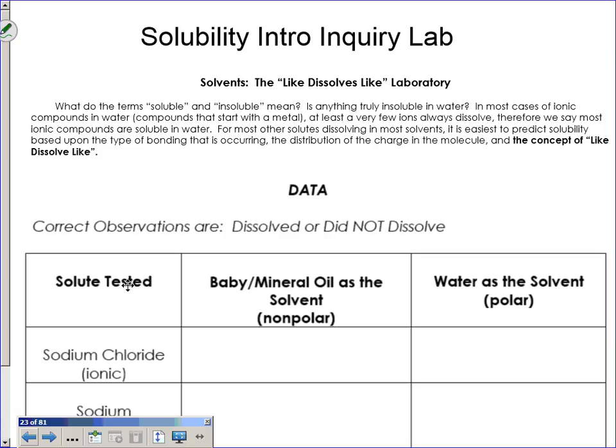One person should be filling up the test tubes with baby oil, not filling, but what it says in the lab.